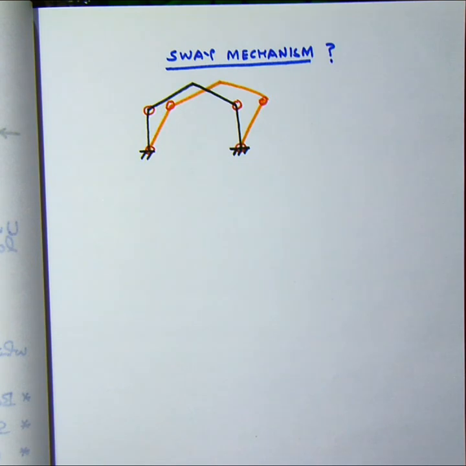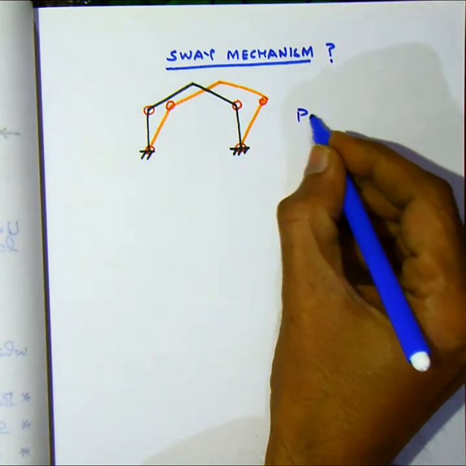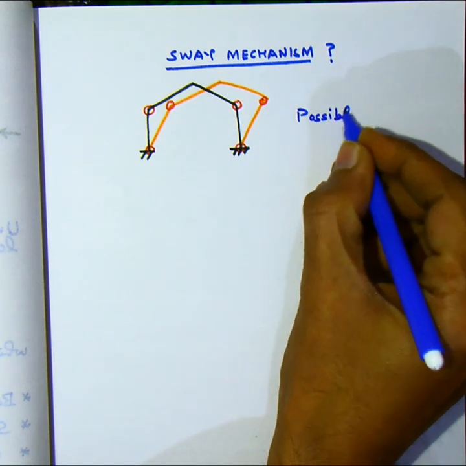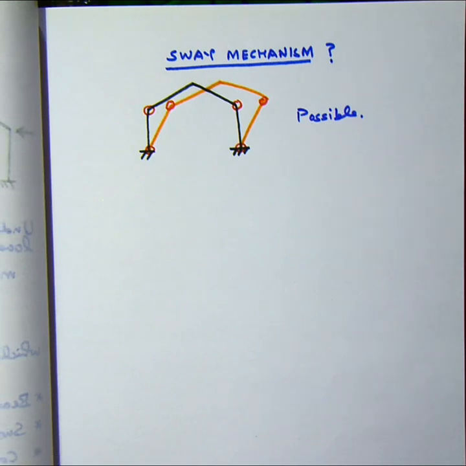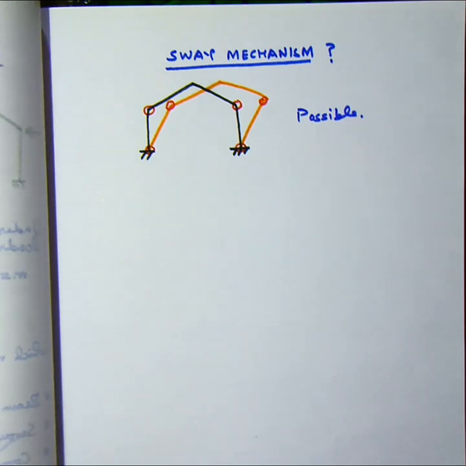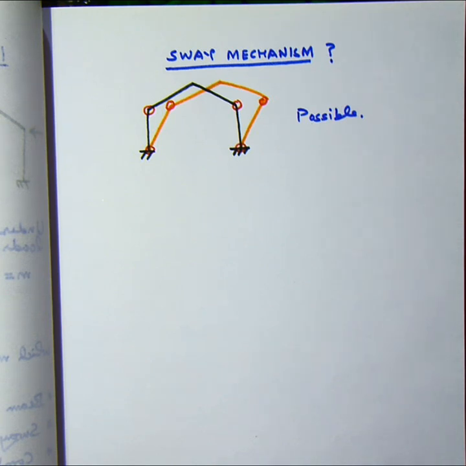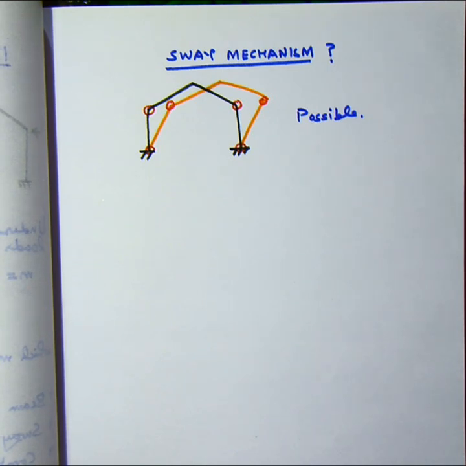So if it's under even a combination of the loads, the sway mechanism is also possible. But under pure vertical loads, you may eliminate the sway mechanism as we have done in the case of the regular frame. So the sway mechanism is in general possible under a combination of horizontal and vertical loads.